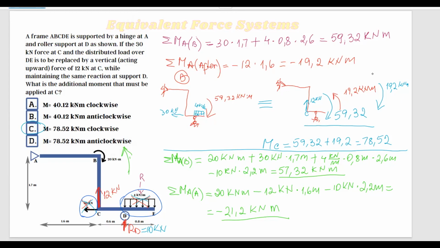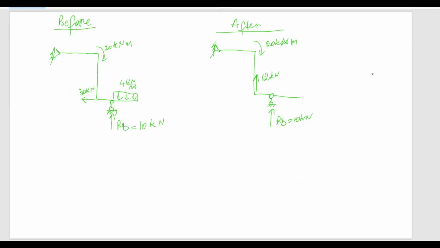so the first system, I got a moment equal to 57.32 going clockwise. And this is counterclockwise. Let's represent this.